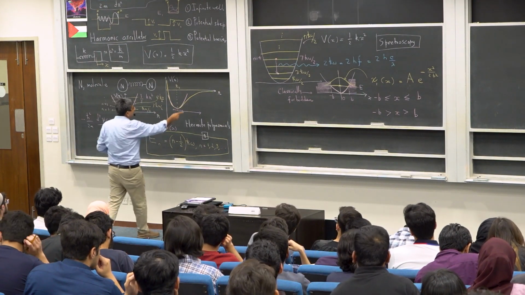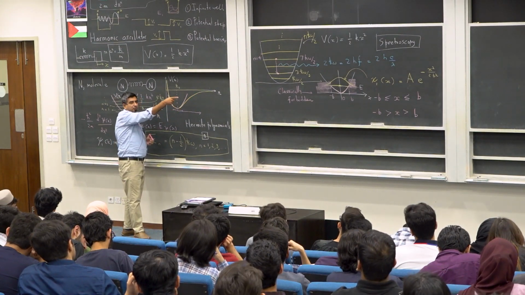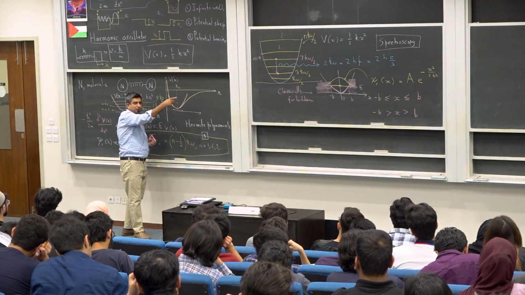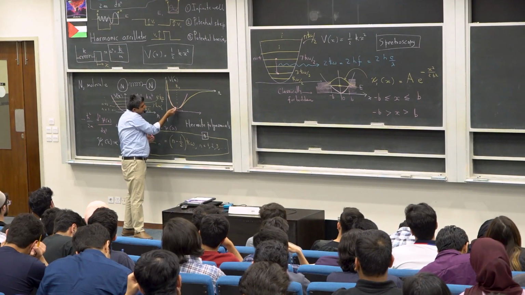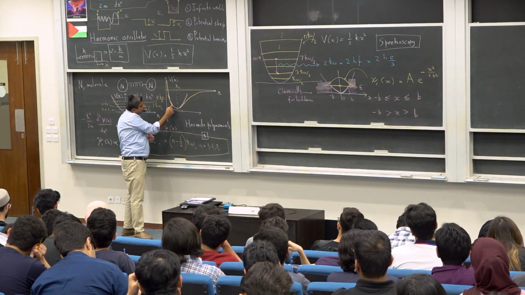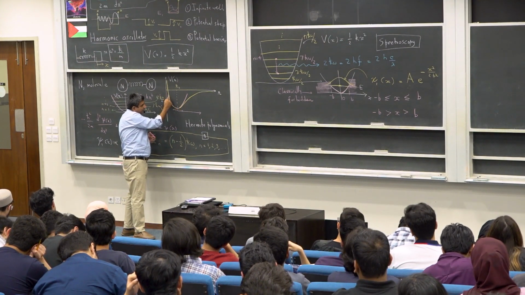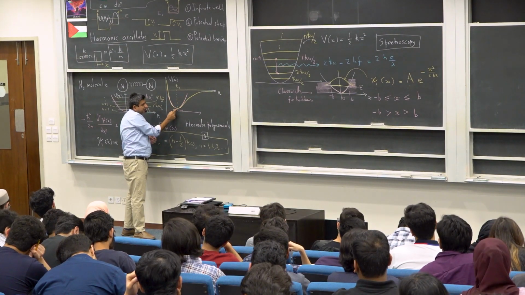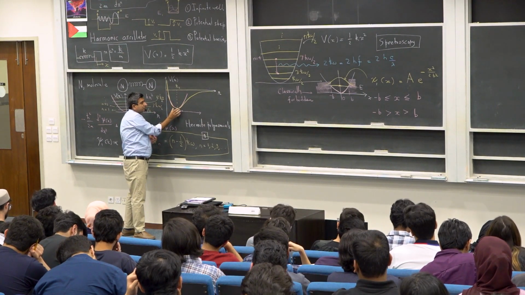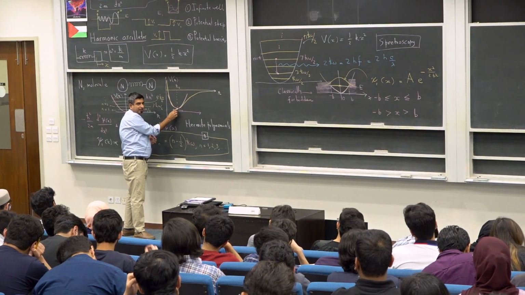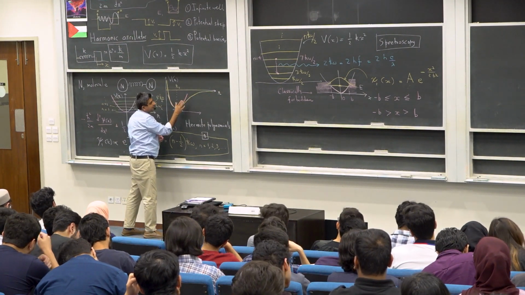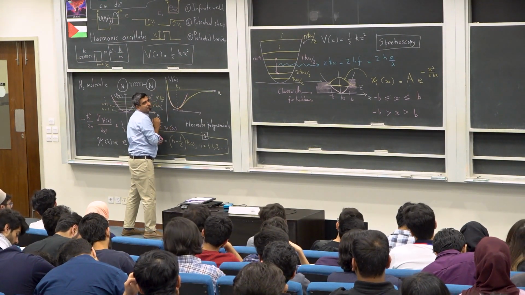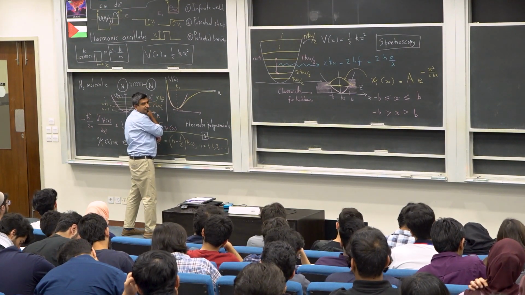You see, this yellow curve is the potential energy curve for a molecule that wants to form a bond. In this region, if I superimpose the diagram of a harmonic oscillator, the two curves almost match close to the equilibrium point, right? They deviate when you're very far away from the equilibrium point, both in this direction as well as in this direction.